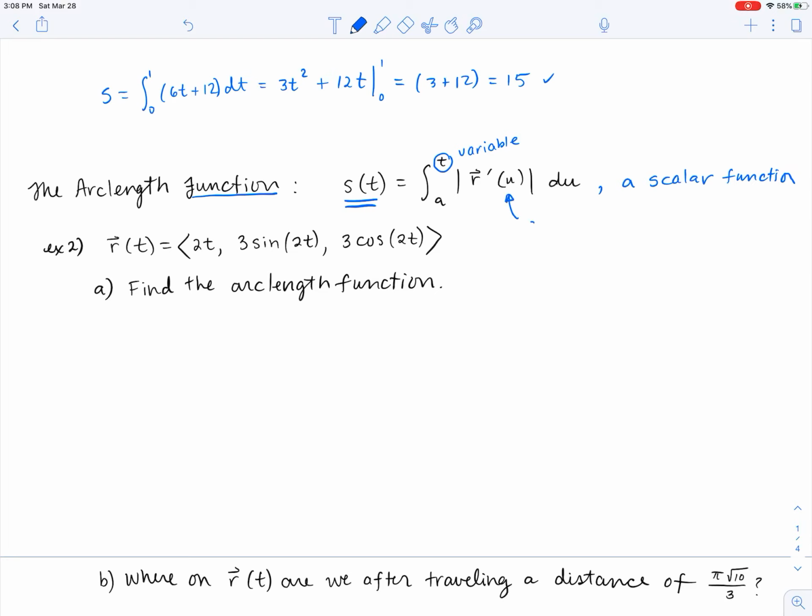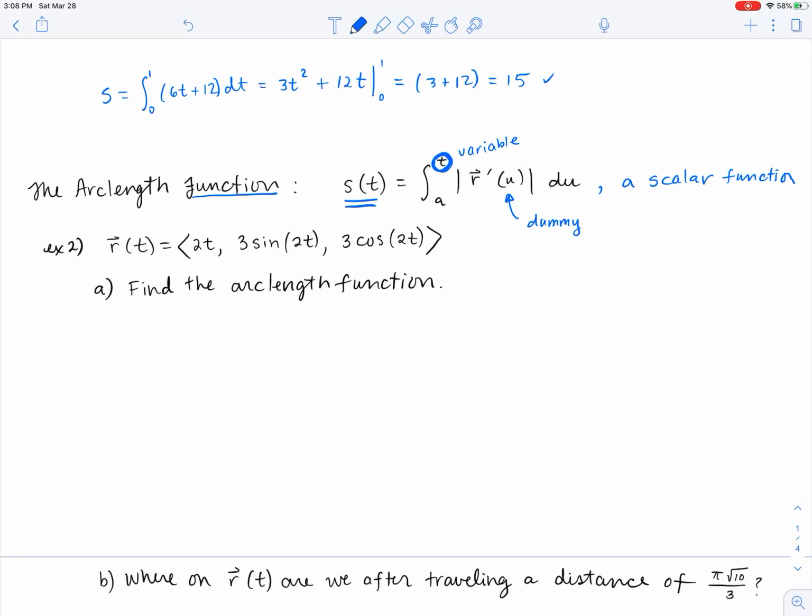This u is just a dummy variable. So what we have is a definite integral, but we get a function because we're putting in as our last endpoint the t. And so then we can calculate the arc length at time t, and then put in t for specific instances. So let's go ahead and work this next example.